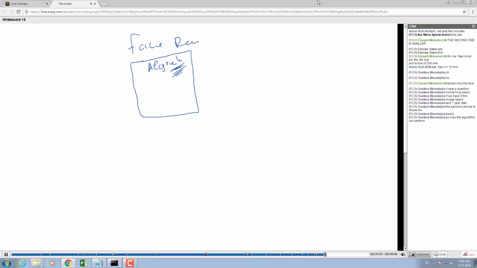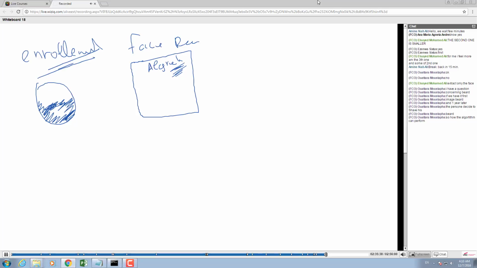These algorithms are used to extract features, because in biometrics we need to extract features from images. So when he says the first time, it means we call this part enrollment. The first time we use a face recognition system or biometric system, we call it enrollment.